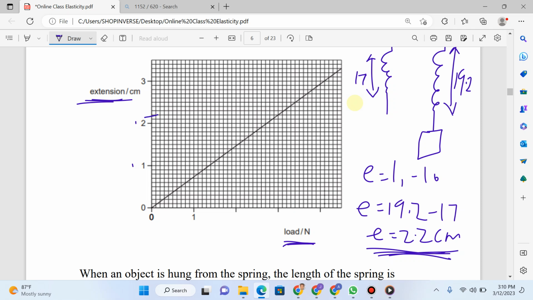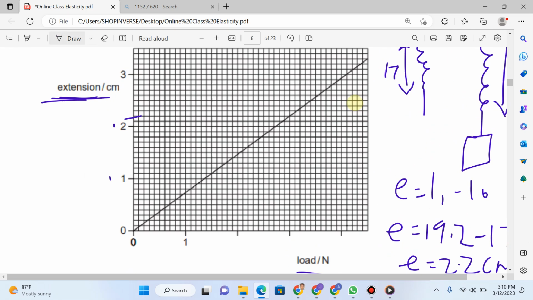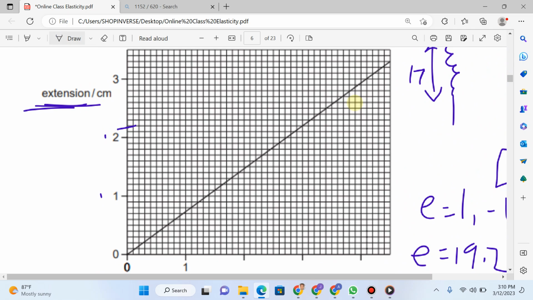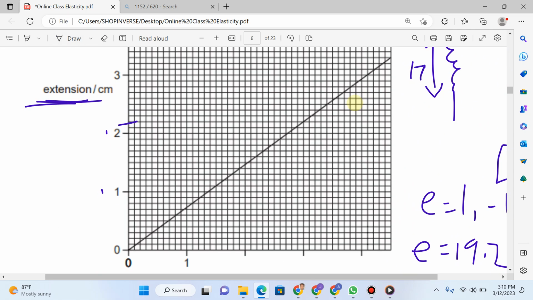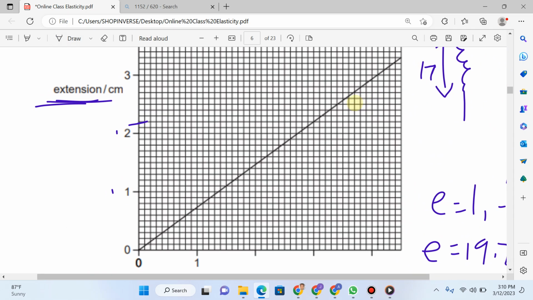When your extension is 2.2, trace it out on the graph and look for what value you have on the force. Let us zoom into the graph so that you can do that correctly. So extension of 2.2, we trace it on the graph. Where it meets the slope, we start tracing it downwards.